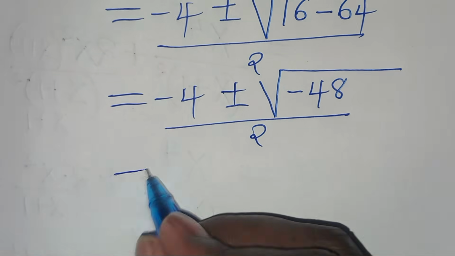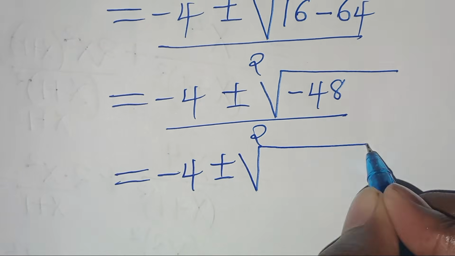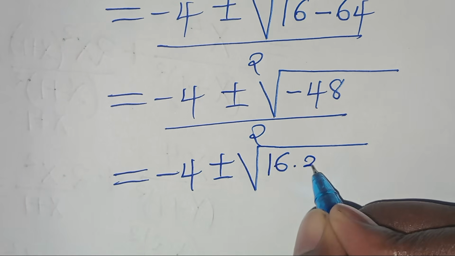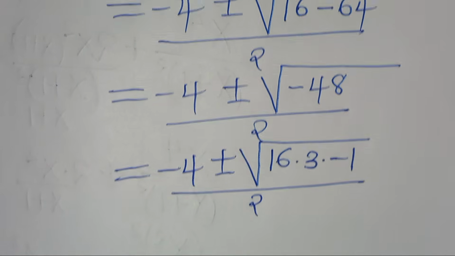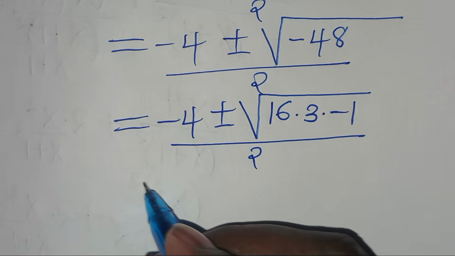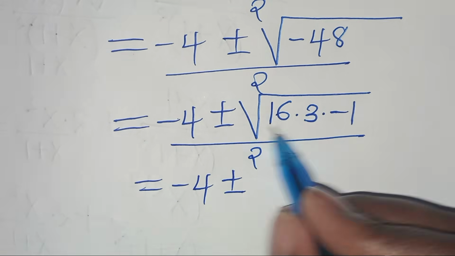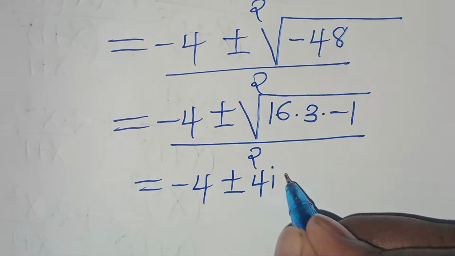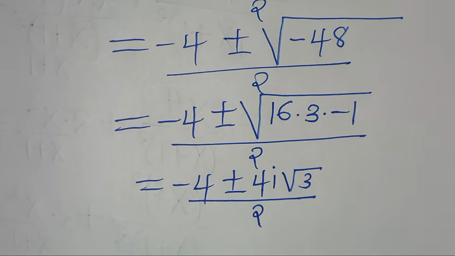So now we have negative 4 plus or minus the square root of negative 48, which is 16 times 3 times negative 1, divided by 2. And this is to mean that we have negative 4 plus or minus the square root of 16, this is 4, square root of minus 1, this is i, then square root of 3, everything here divided by 2.